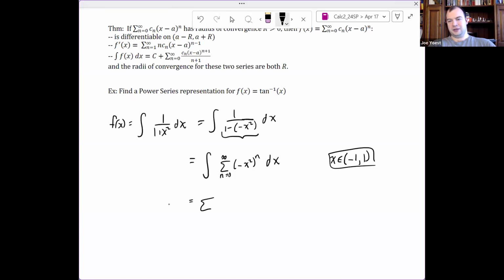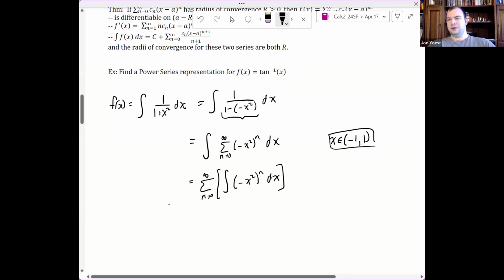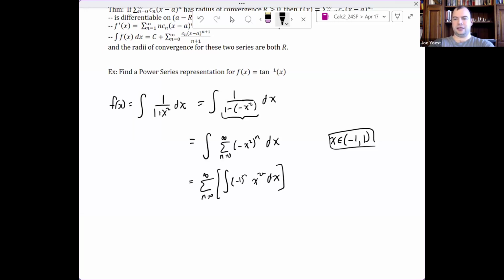In other words, I can make this sum n equals 0 to infinity of the integral of negative x squared to the n dx. Or if we want to write that a little more nicely, that's negative 1 to the n, x to the 2n.